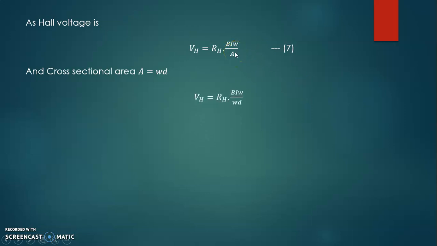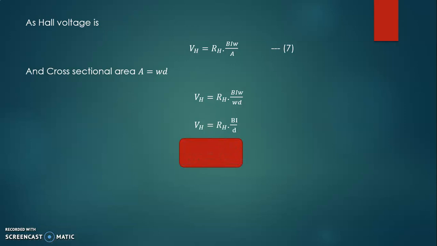As the Hall voltage is VH is equal to RH B I W upon A, and the cross section area is A is equal to W into D, considering the front side as width into thickness, just substitute the value of A, we get W into D. This W gets cancelled, so VH is equal to RH B I upon D. From this we can write RH by taking all the other terms to the other side.